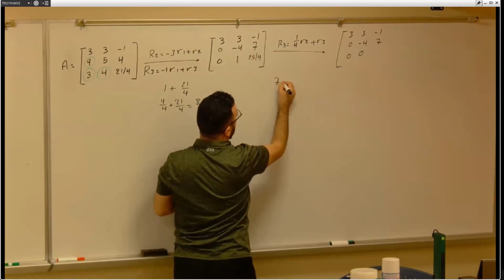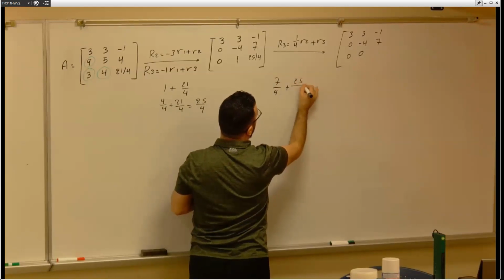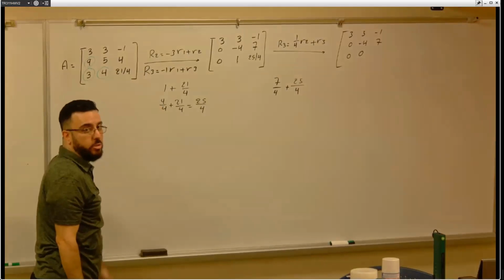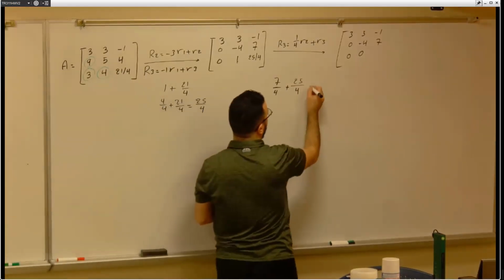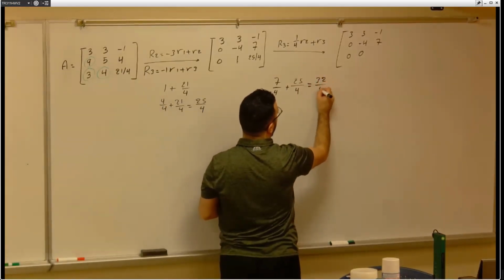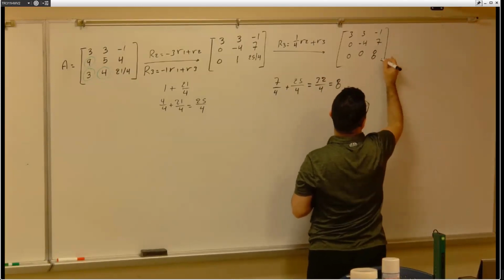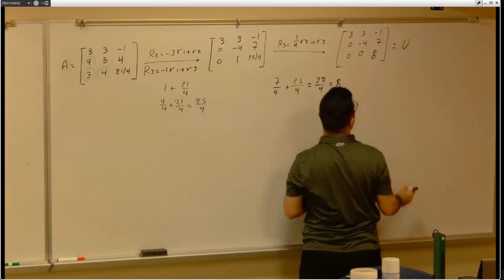It's 7 over 4, and you add 25 over 4. It's 32 divided by 4, which is 8. So this one is the U matrix.